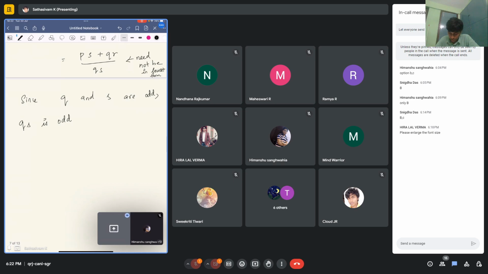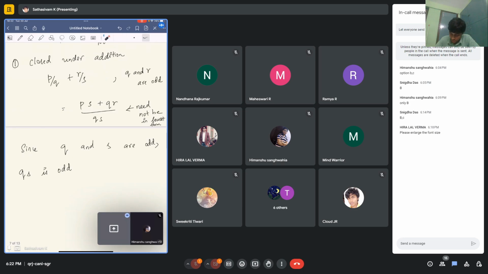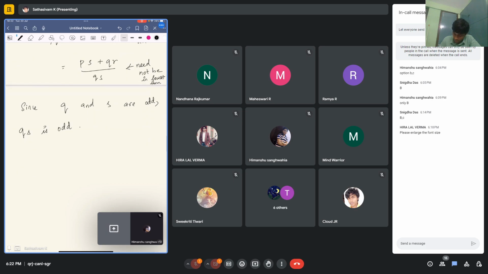Now when you change it into the lowest form, basically you are dividing out some numbers, so whatever remains here will be a factor of qs.